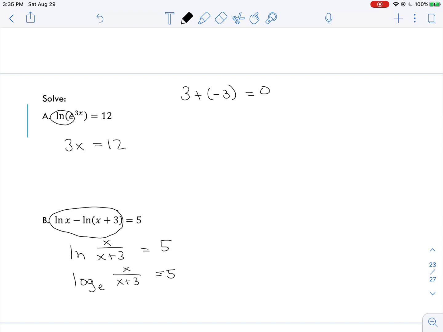You guys can solve that on Desmos, or we can write it in exponential form. E to the 5th equals x over x plus 3. And on this one, I would recommend solving on Desmos. So graph e to the 5th, graph x divided by x plus 3, and find their intersection points. So you guys can go over to Desmos and try that out. And you can look at the finished notes to see if you got it right.